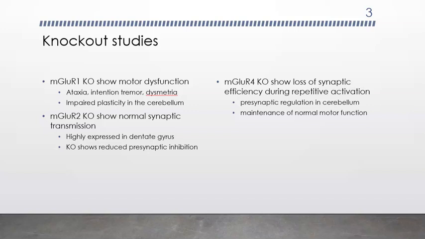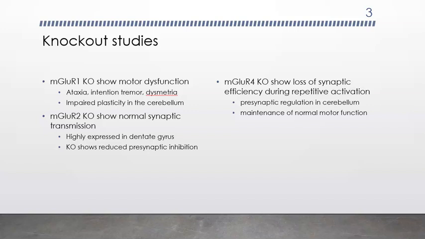So we see ataxia, intention tremors, and dysmetria. And specifically, we see impaired plasticity in the cerebellum, which the cerebellum does play a role in your motor movements as well. So there is a role for these receptors. You do need them. You can't just rely on your ionotropic receptors.